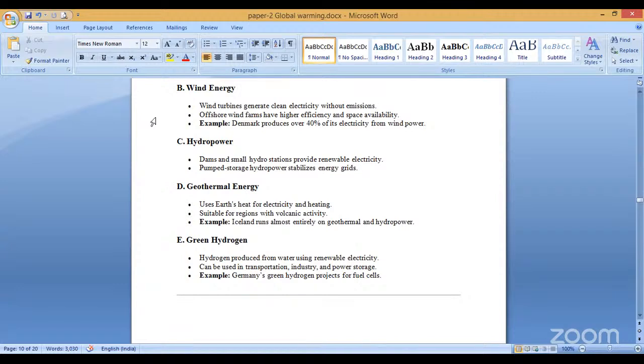The next one is green hydrogen. Hydrogen produced from water using renewable electricity can be used in the transportation industry and power storage. Example is the green hydrogen projects for fuel cells.